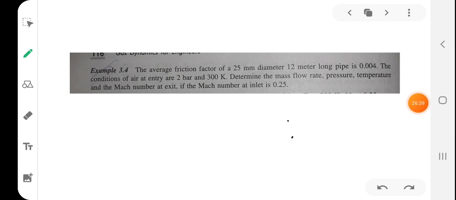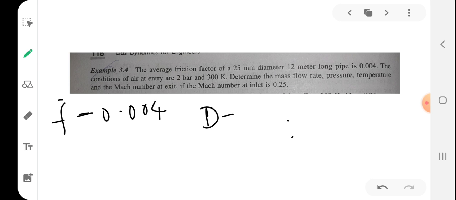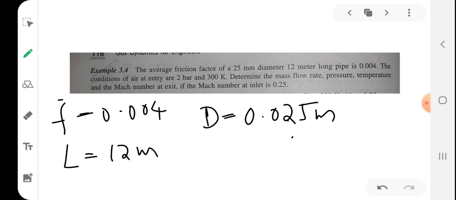Students, another problem: the average friction factor of a 25 mm diameter, 12 meter long pipe is 0.004. Dia is 25 mm, that is 0.025 meter. Length is 12 meter. The condition of air at entry: M1 is not given.